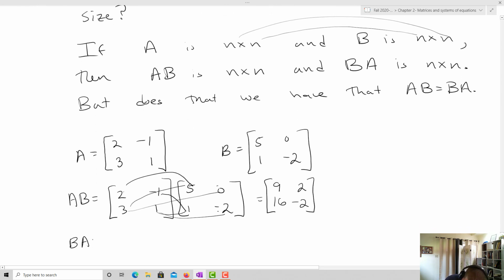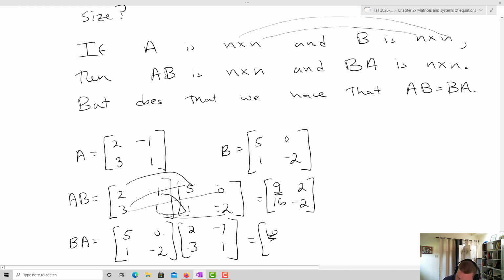So now we'll take BA, and BA is going to be 5, 0, 1, -2, times 2, -1, 3, 1. And that's now going to be 10 plus 0, so this is now 10. Uh-oh. We can already tell that the two are not going to end up being equal to each other.